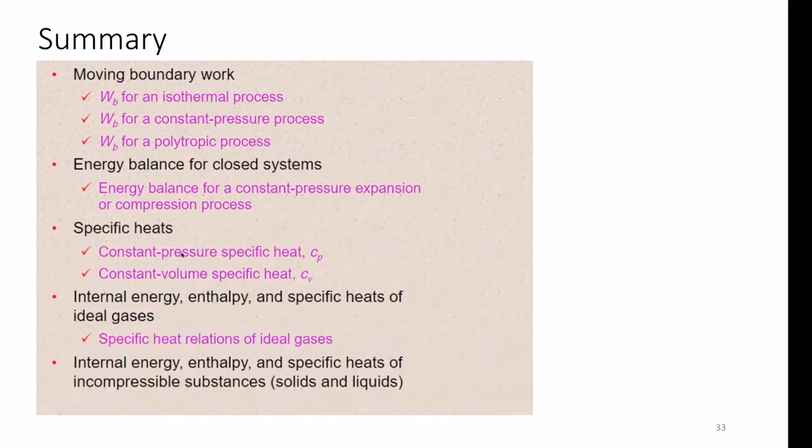We looked at the specific heats, and then internal energy and specific heats of ideal gases. And we also looked at incompressible substances, which was the last part. So now it's a matter of taking a look at some examples. And that's about it for chapter 4.